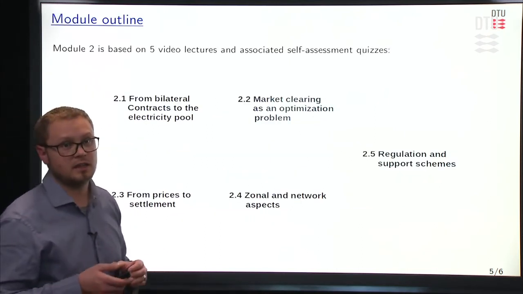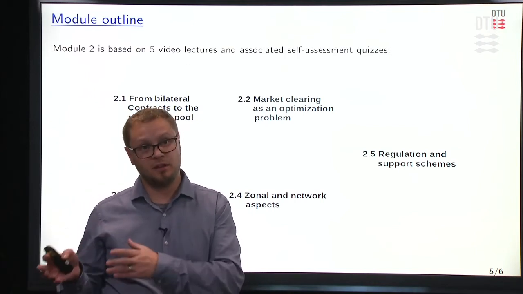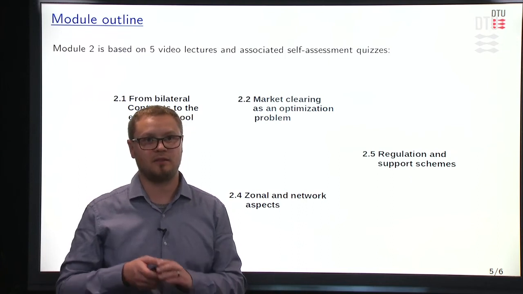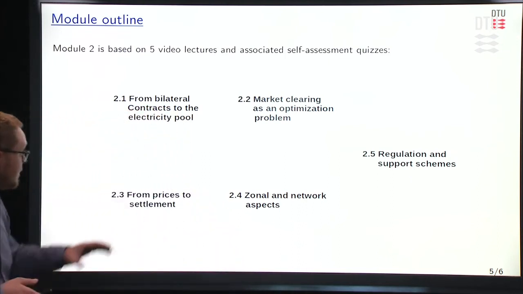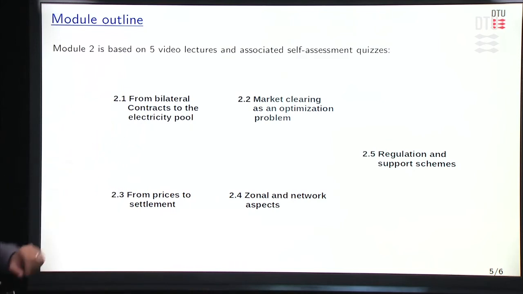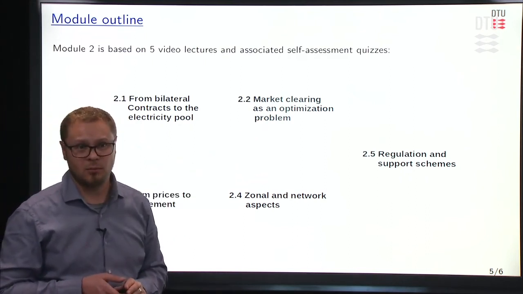The module is structured in 5 video lectures, and next to these video lectures you will have self-assessment quizzes. There are 5 blocks, as I was saying. The first one is that we're going to understand the basics to go from bilateral contracts to the electricity pool. Then we will look at market clearing as an optimization problem.